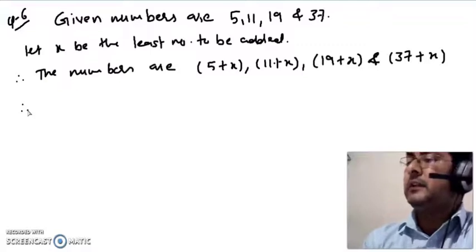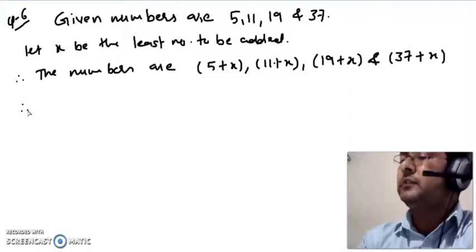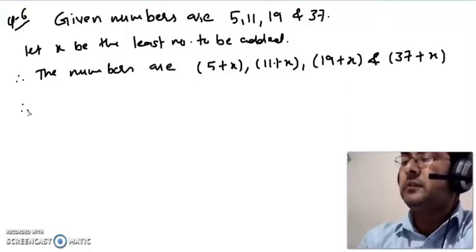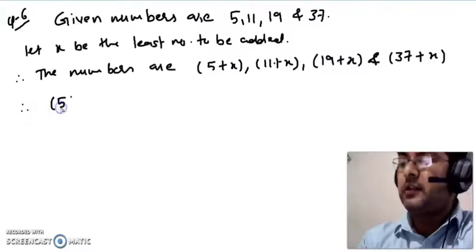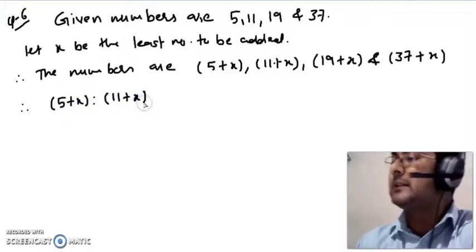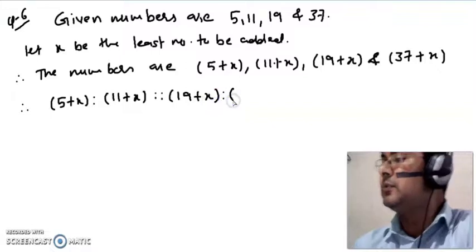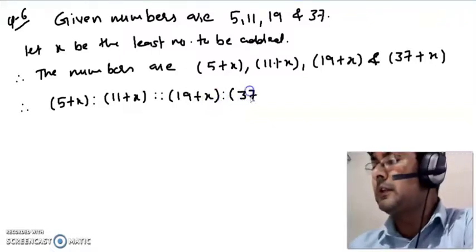Now these numbers are proportional and therefore we can write down 5 plus x is to 11 plus x as 19 plus x is to 37 plus x.